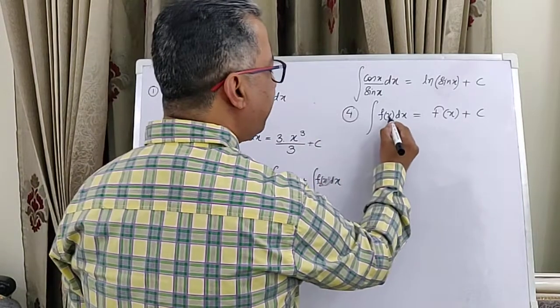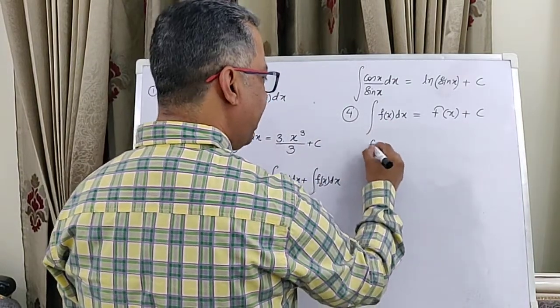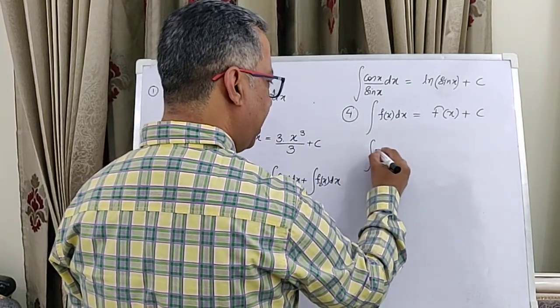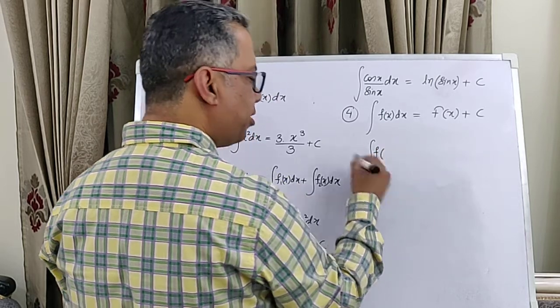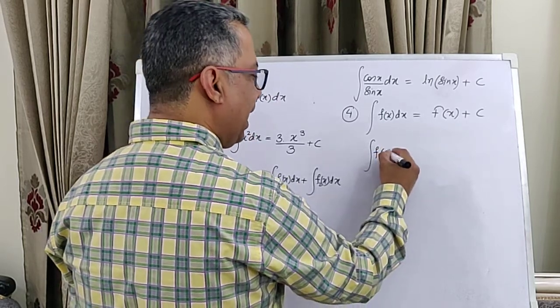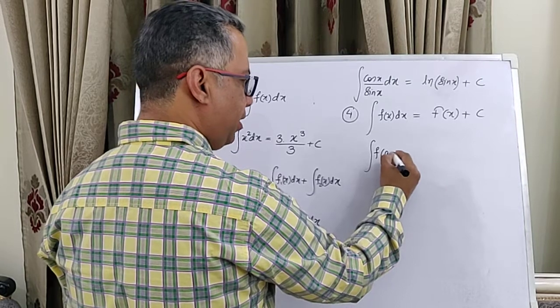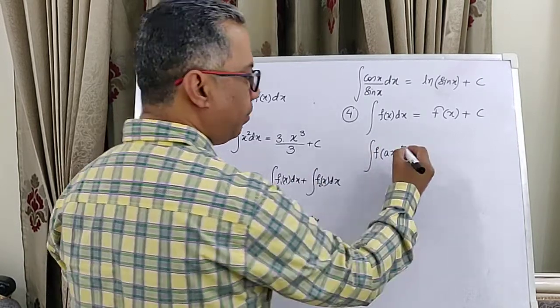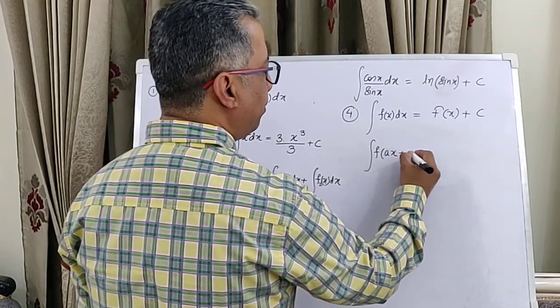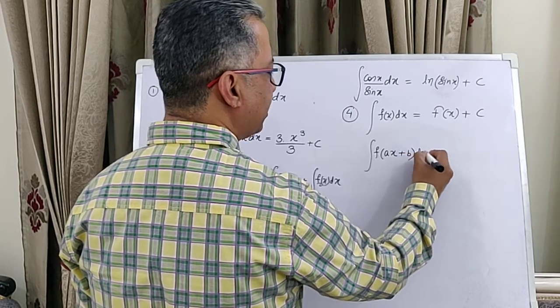Now if in this function in place of x you have a function of x, where a is a constant, f(ax plus b) dx.